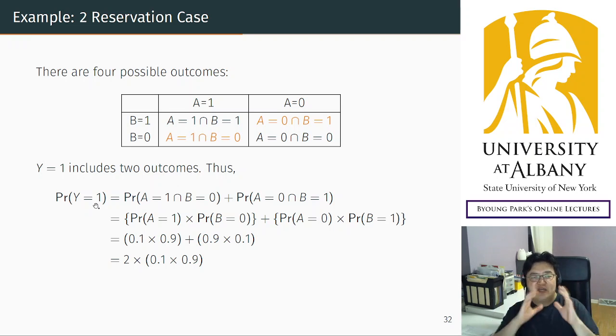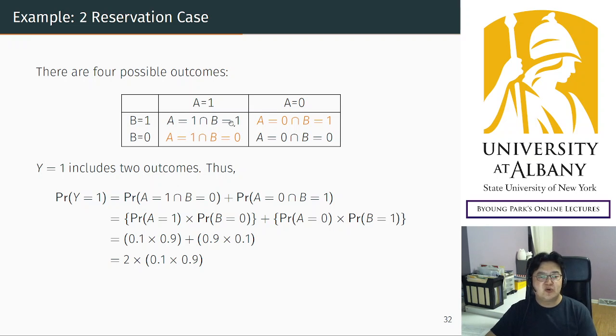So y equals 1 is not a single outcome. It consists of potentially more than one outcome like this. Even in the simplest possible case, you have to think about two cases because one reservation is canceled, but you don't know which one is the canceled one.